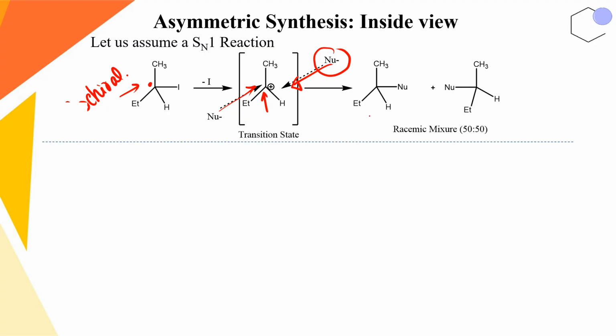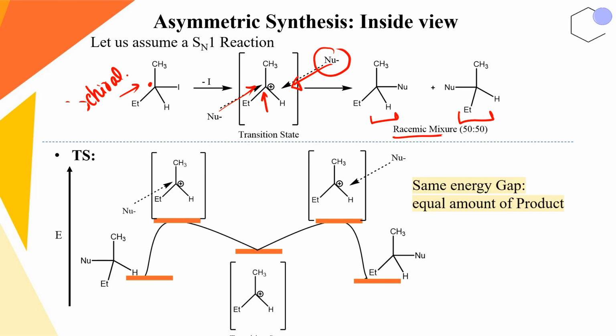So that's why we get 50% of one stereoisomer and 50% of another stereoisomer, and this is called the racemic mixture. And if we see the transition state of this particular reaction, we can find that this is the intermediate, which undergoes either nucleophile coming from the bottom end or nucleophile coming from the above end.